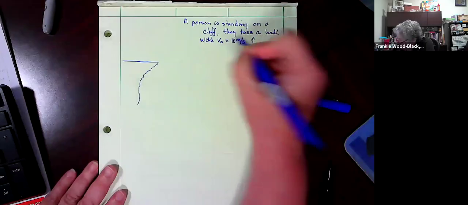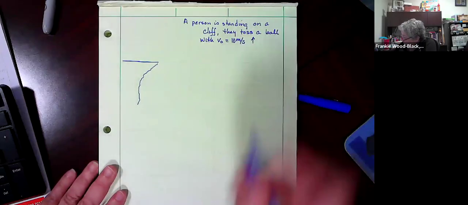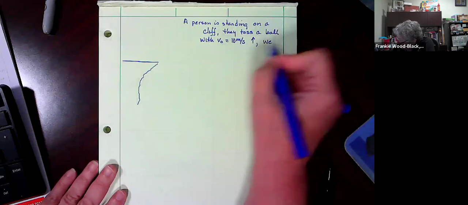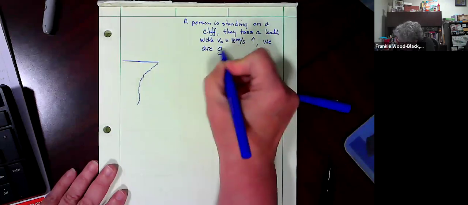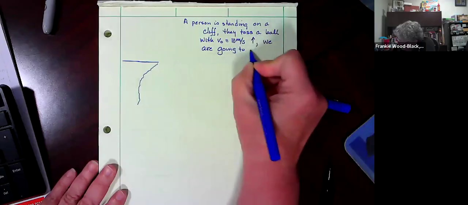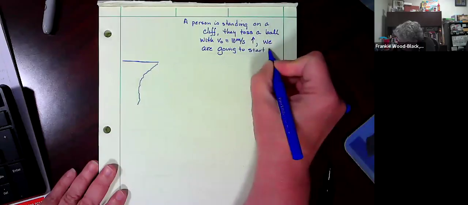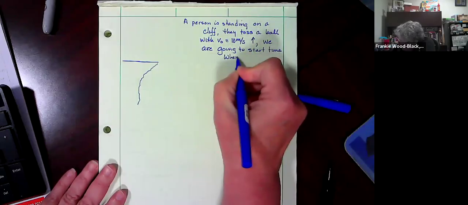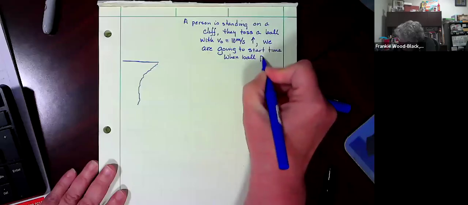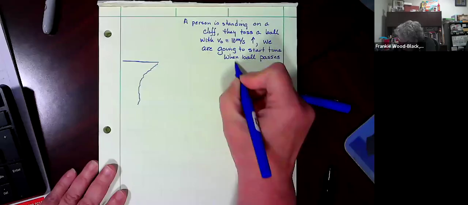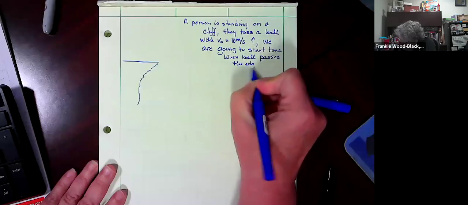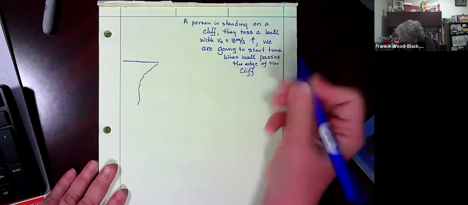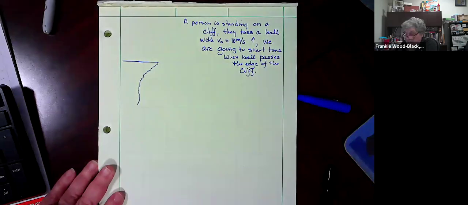Let's go ahead and say 10 meters per second upwards. We are going to start timing when the ball passes the edge of the cliff.